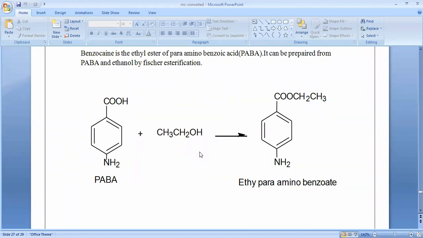So when PABA reacts with ethanol, it synthesizes ethyl para-amino benzoate, an ester of the PABA molecule. An acid, when reacted with an alcohol, forms an ester bond, and this ester is the benzocaine molecule, which we use as an anesthetic agent.